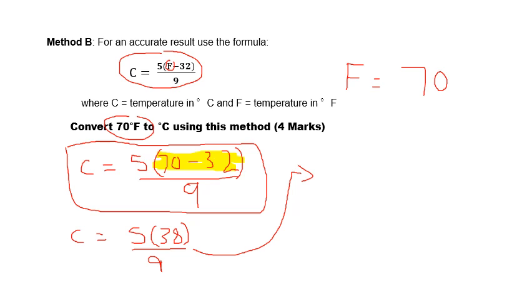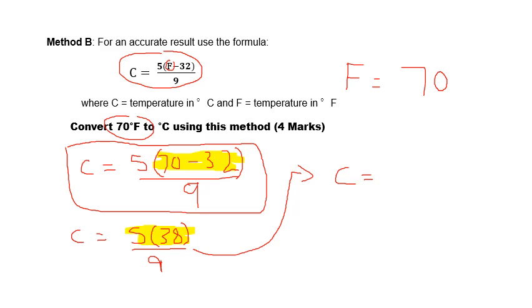So we essentially have a top number and a bottom number. At the top we have 5 and 38 stuck together. It's inside brackets, but the brackets and the 5 are together.